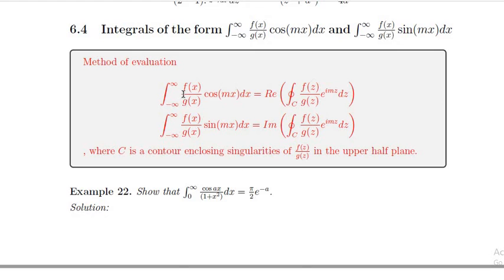That is, the integral from minus infinity to infinity of f of x by g of x cos mx dx is equal to the real part of the integral over c of f of z by g of z e raised to i mz dz. Similarly, the integral from minus infinity to infinity of f of x by g of x sin mx dx is equal to the imaginary part of the integral over c of f of z by g of z e raised to i mz dz, where c is a contour enclosing the singularities of f of z by g of z in the upper half plane.